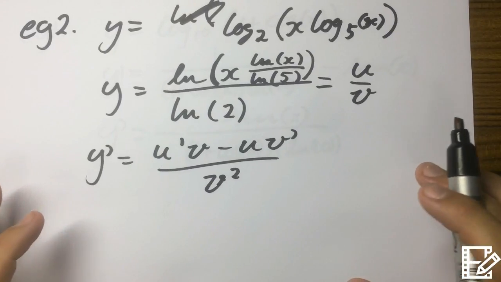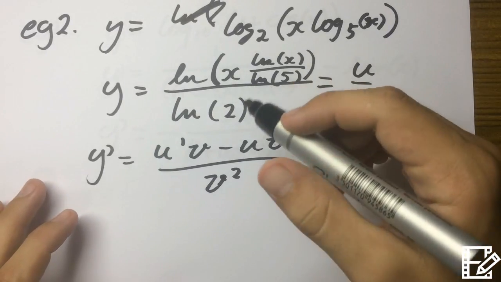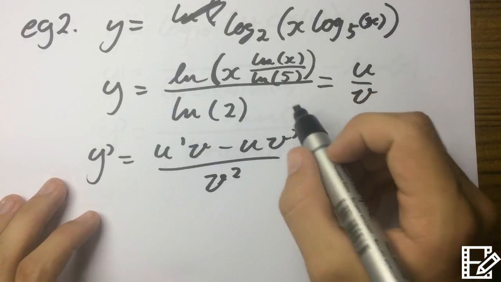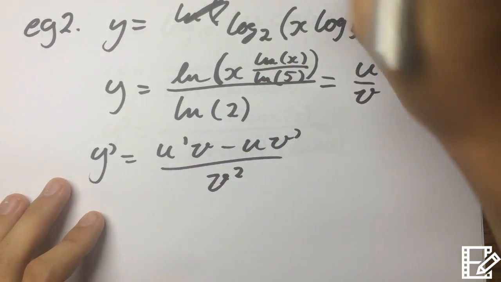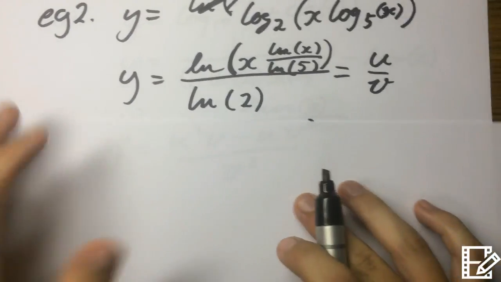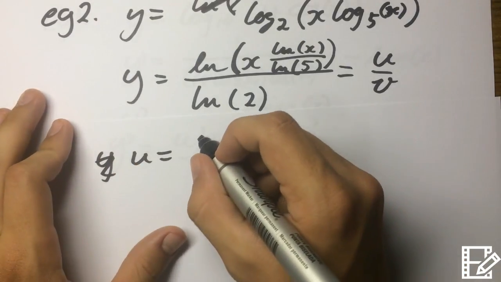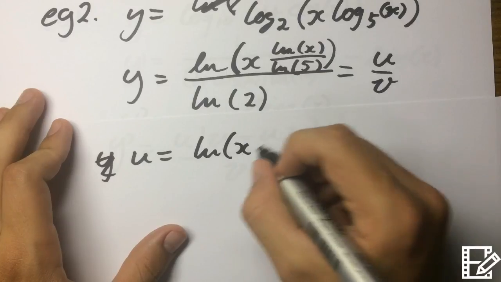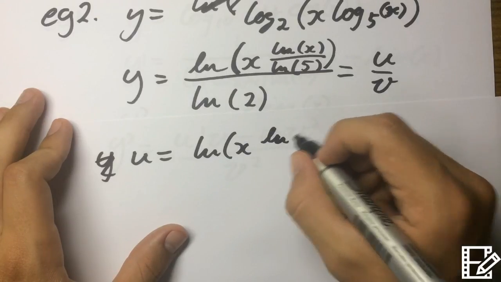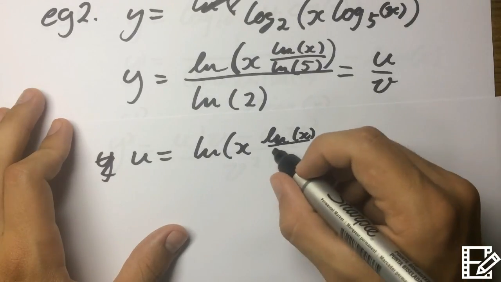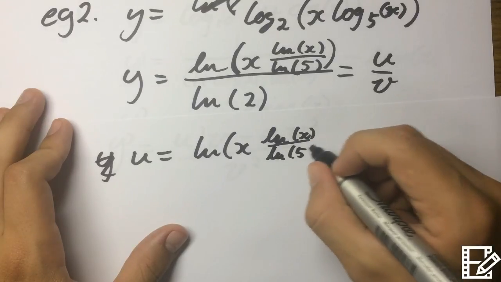So let's start with u dash, which is the top part. U is equal to ln x multiplied by ln of x over ln of 5.